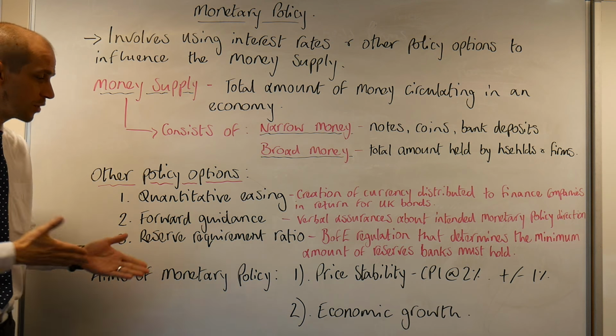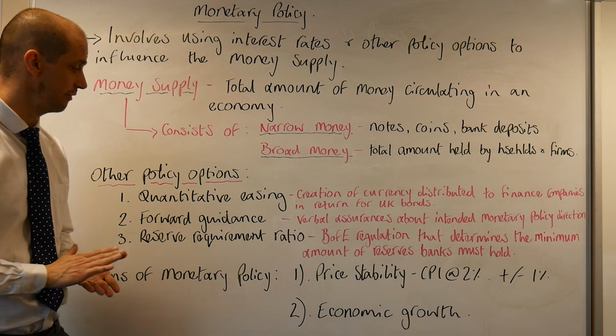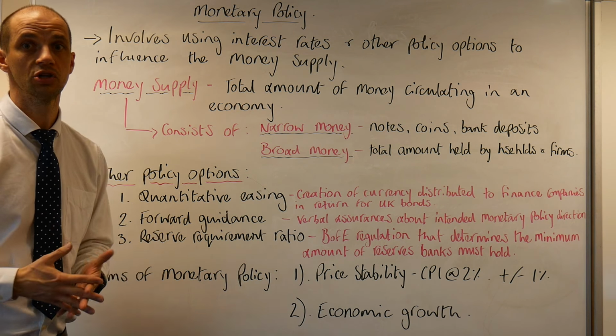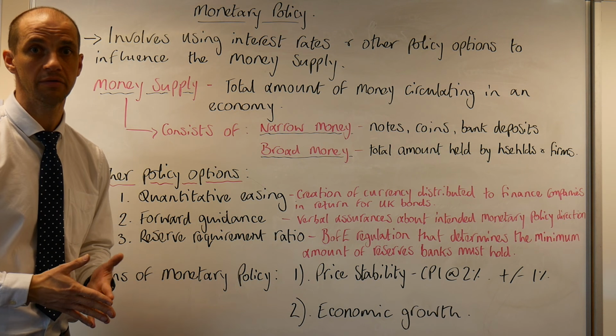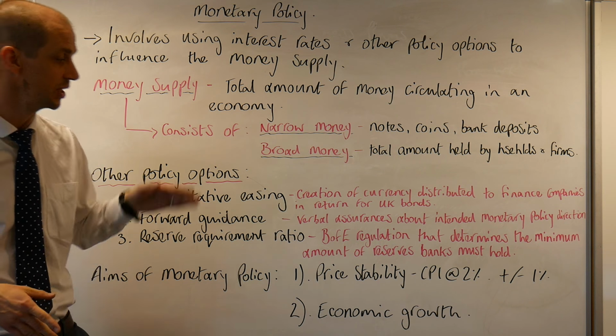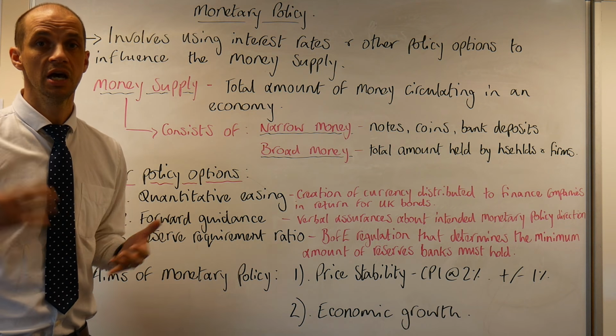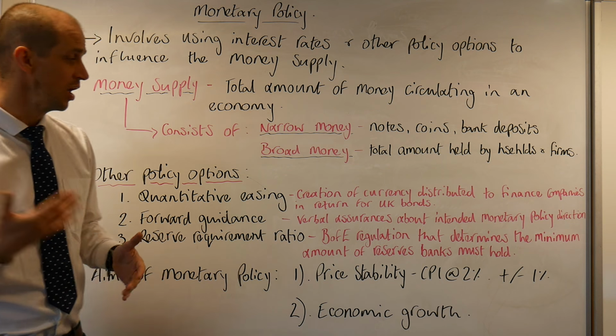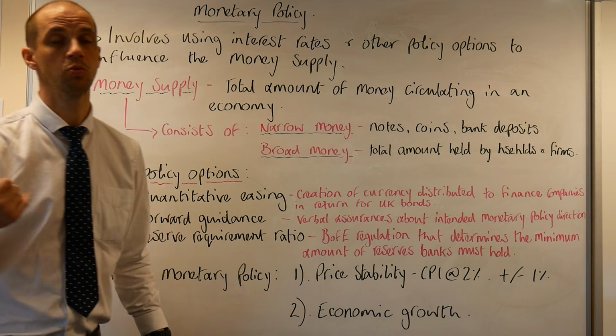Okay. All right. So overall, what are the aims of monetary policy? Well, the number one aim when it comes to monetary policy and the work of the Bank of England and its Monetary Policy Committee is about price stability and targeting a consumer price index of 2%, plus or minus 1%.